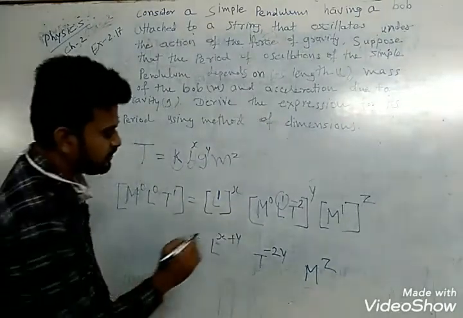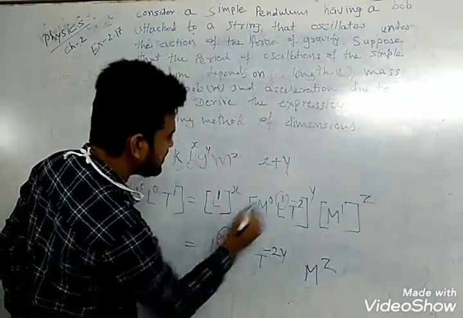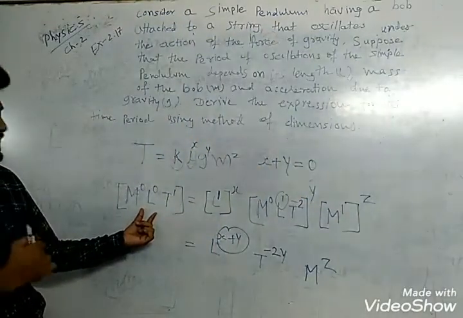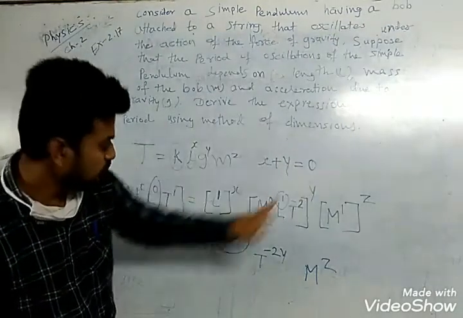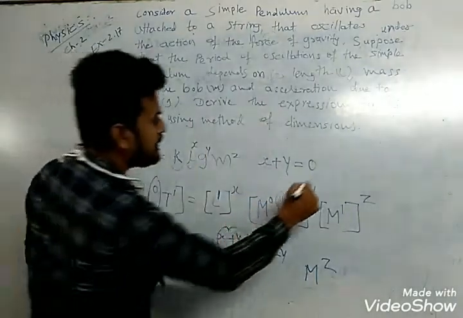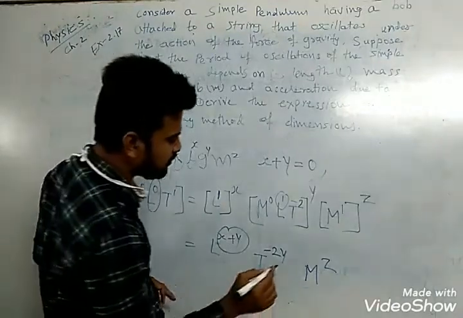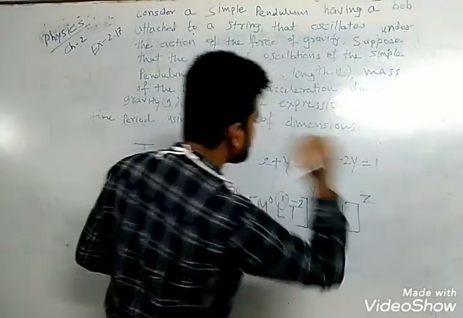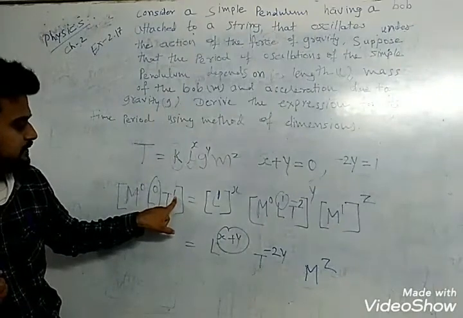Now, from the comparison between left hand side and right hand side, in the first case x + y is equal to 0, because on the left hand side we have L⁰. Next, for T, -2y is equal to 1, because T is raised to 1.